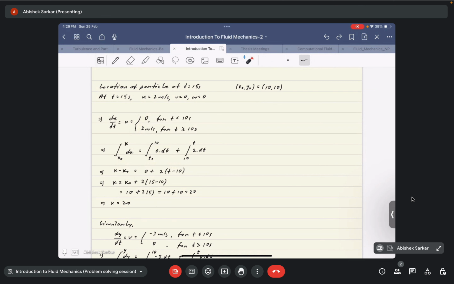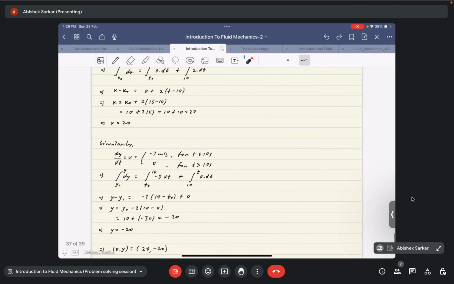Then for y, you use a similar understanding that dy by dt is equal to v, where v is equal to -3 meter per second for t less than 10 and 0 for t greater than 10 seconds. Right?